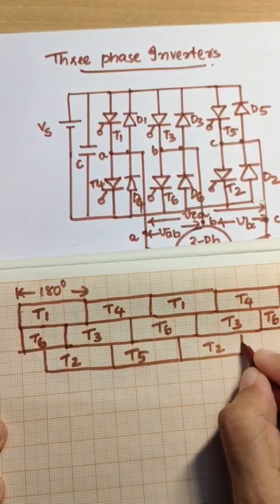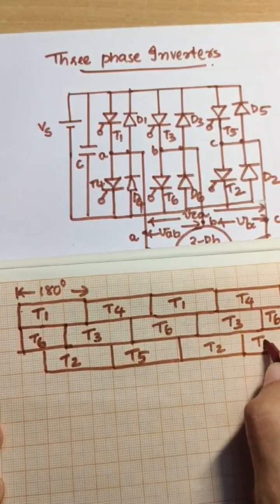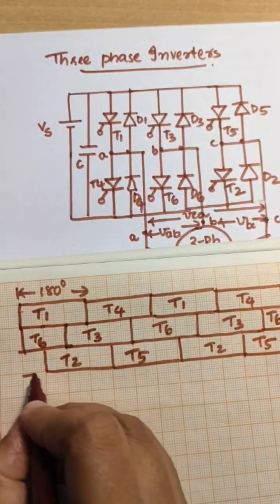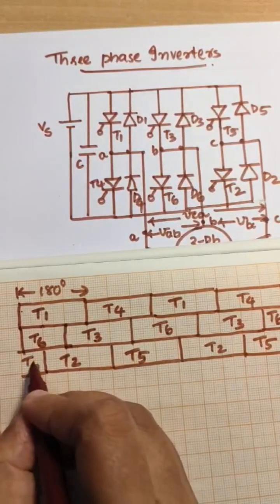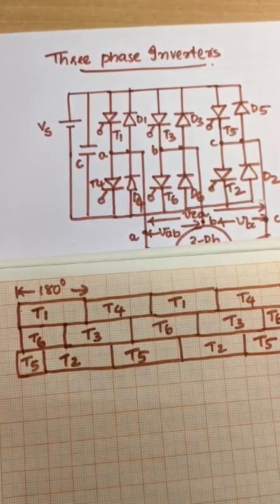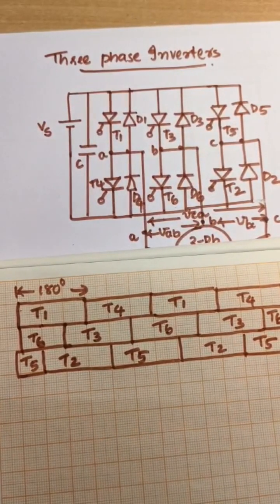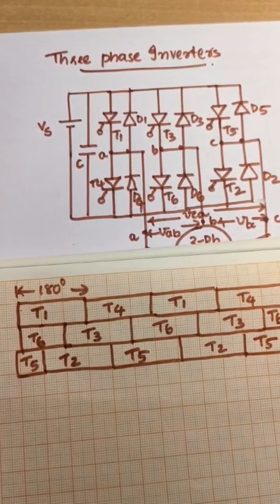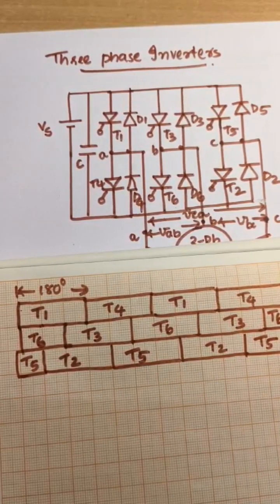Again T2. So before T2, T5 was conducting. This is the switching pattern of the three-phase inverter at 180 degree.